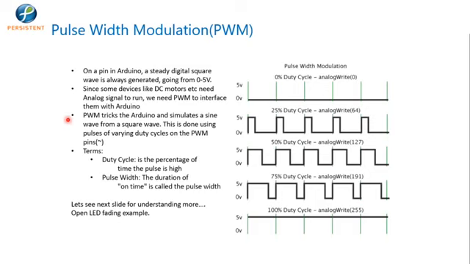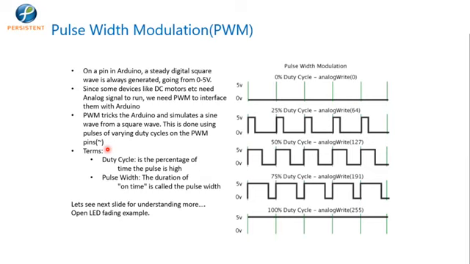For that, PWM tricks the Arduino and simulates a sine wave from a square wave. So in a way, we are trying to get a sinusoidal wave here to give you the analog output. Now this is done using pulses of varying duty cycle on the pulse width modulation pins, the pins that we had marked with the specific tilde sign.